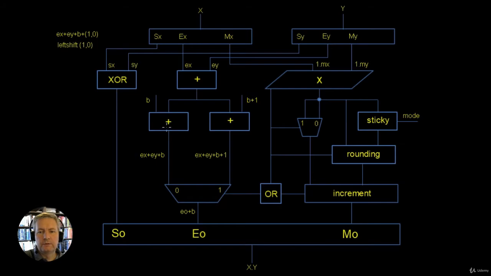The reason why we're going to do that is because if you remember the algorithm for our normal times a normal giving a normal output, we said that the output for the exponent is going to be our ex plus our ey plus our bias plus the value of 1 or 0. Now the 1 or 0 is determined by the 48th bit of the multiplication.